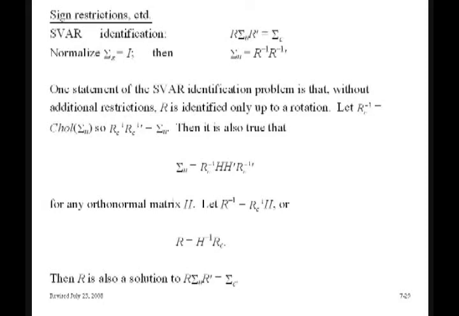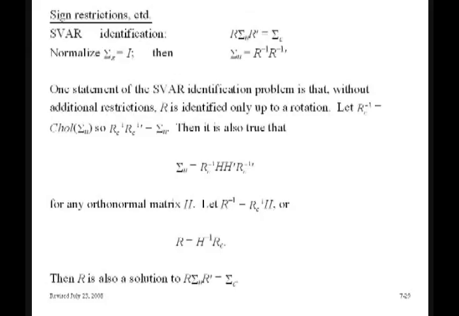And so this is a clever algorithm that Uhlig thought up, which is, first of all, to recognize that there's a fundamental identification problem. One way to think about the fundamental identification problem is that you can insert orthonormal matrices inside of R inverse, and you can get the same answer.